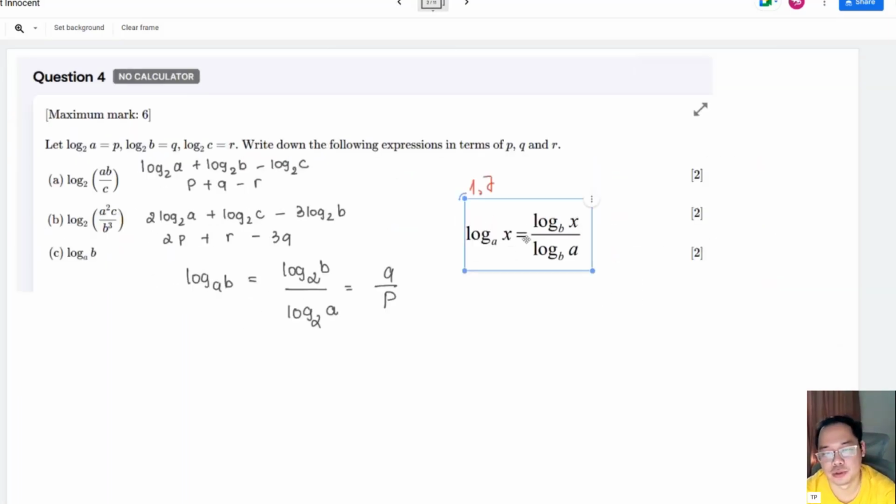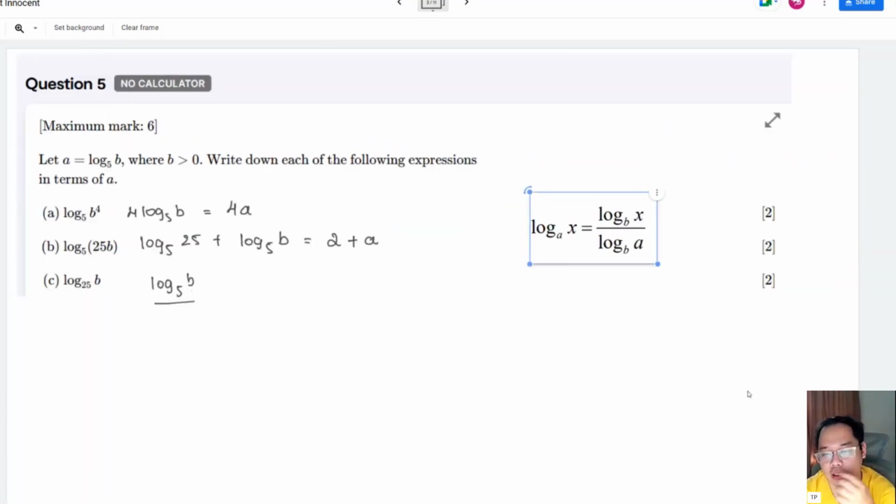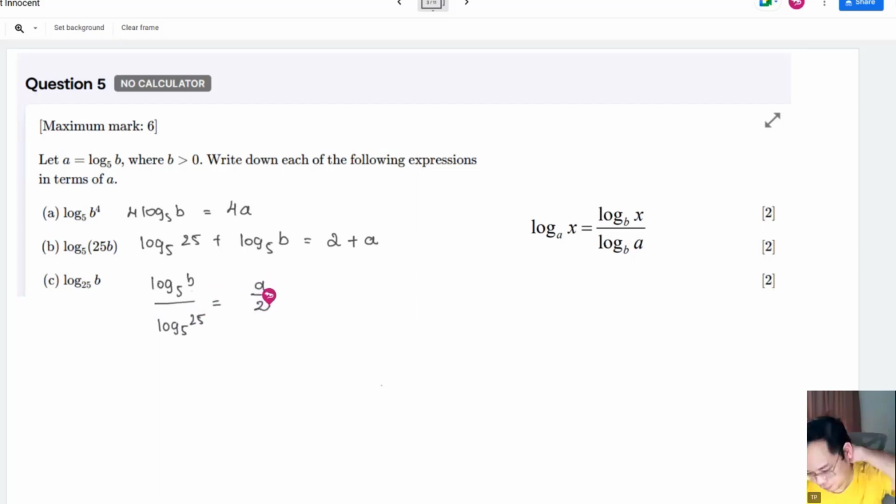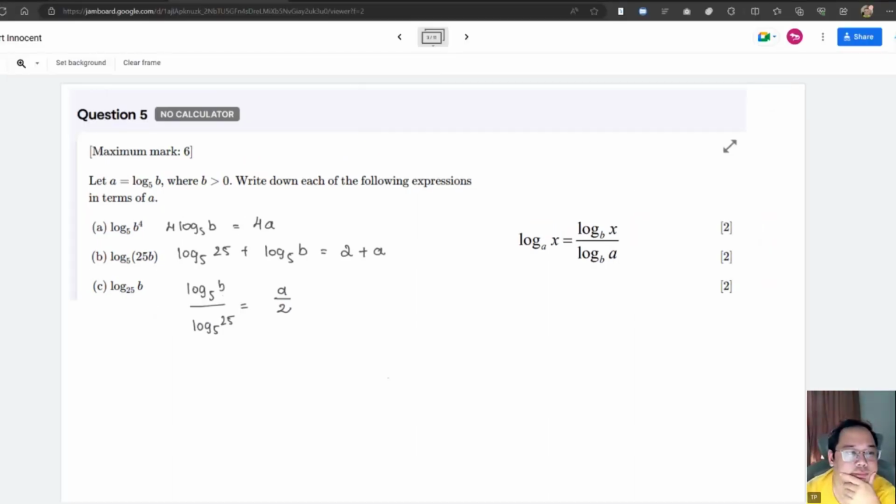I can help you copy this formula and put it here. Log base 5, we will choose a new base, which is 5. X is b, correct, and then the bottom is log base 5 of 25, correct? Beautiful.